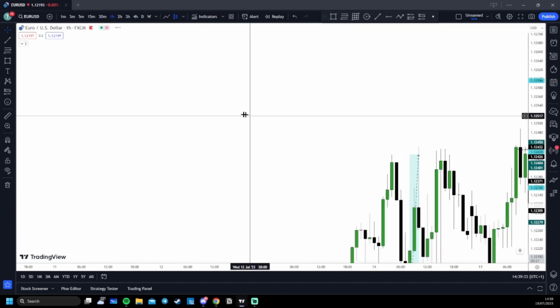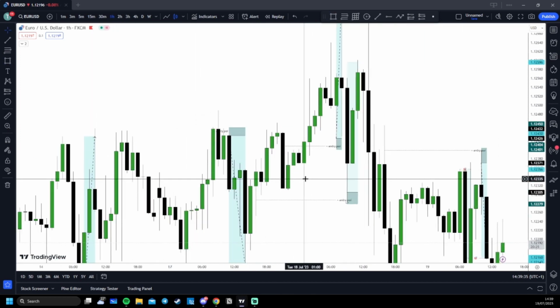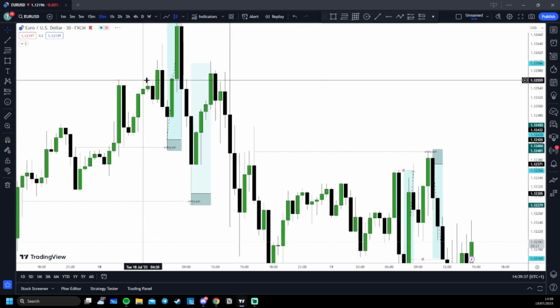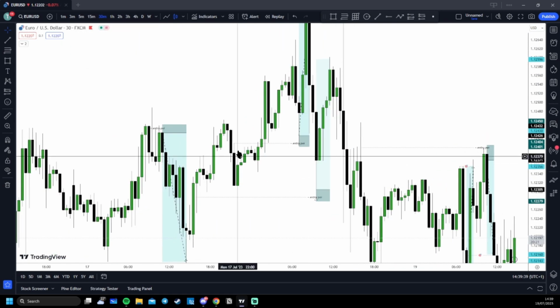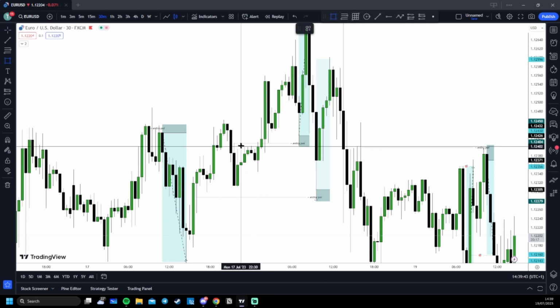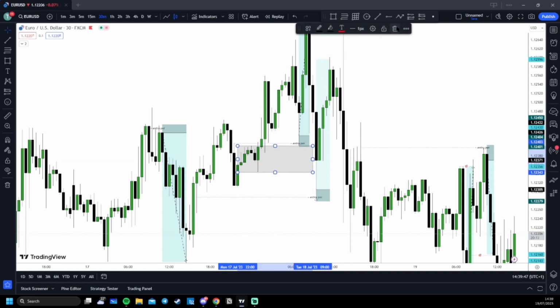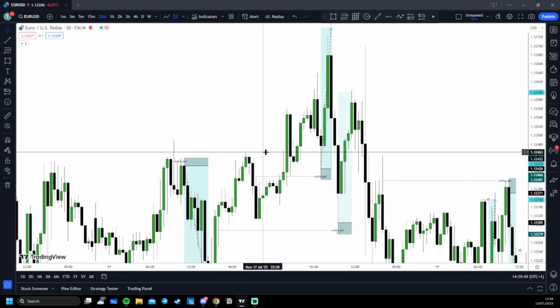You'll probably see it better on the hourly. You could just tell this whole move, including this whole bit here, was the cause of the breaker structure.